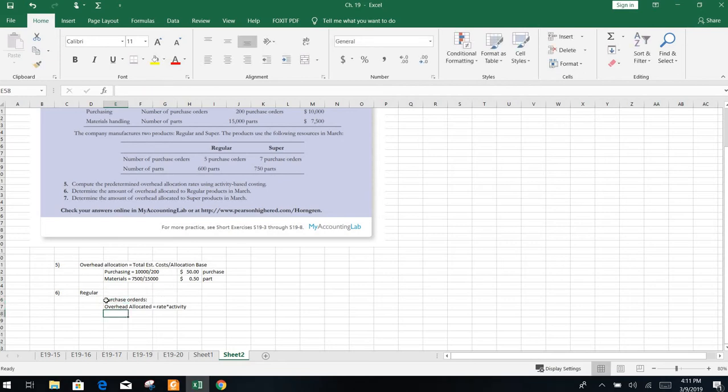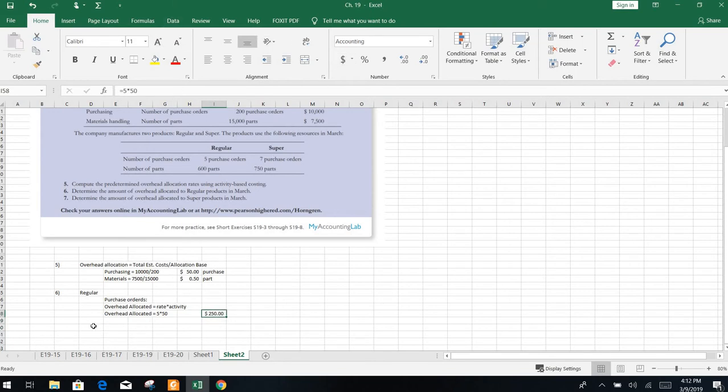So they did 5 purchase orders times the rate, $50 per purchase. Okay, and I'll put it in an Excel format, equals 5 times 50, that's $250.